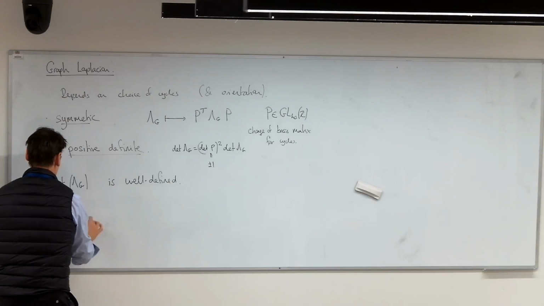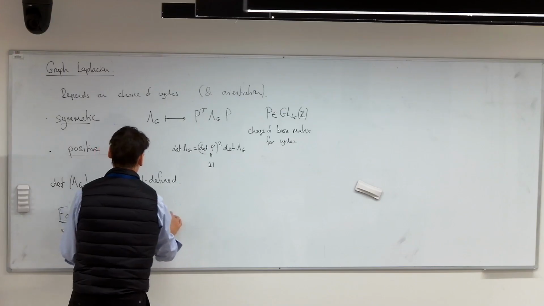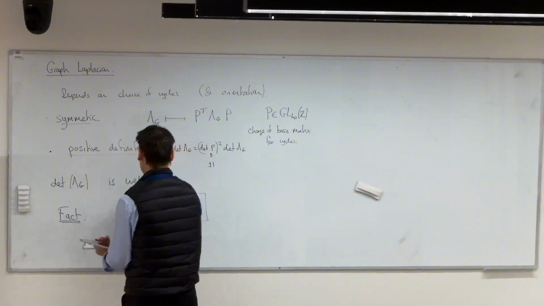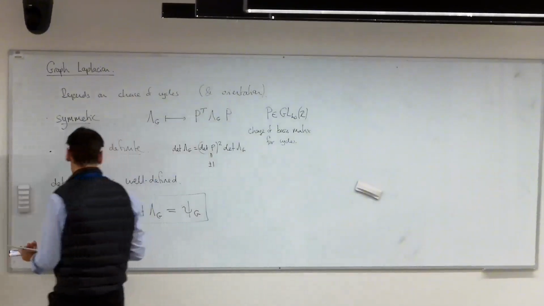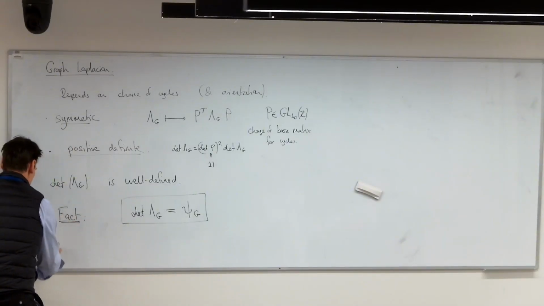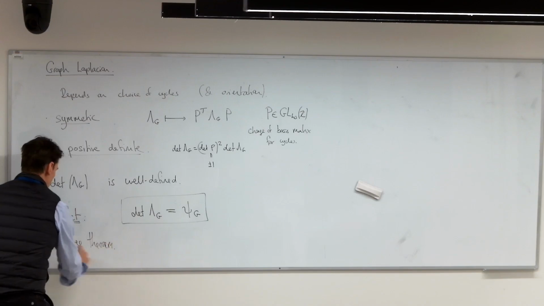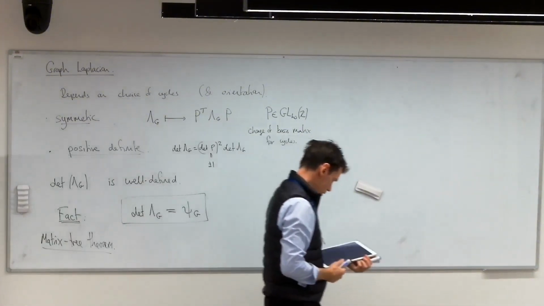And in fact, this is the theorem that the determinant of this matrix is precisely the graph polynomial. This is an important fact. It's essentially equivalent to what's called the matrix tree theorem, which is a famous theorem of Kirchhoff, and this is a variant of the matrix tree theorem.